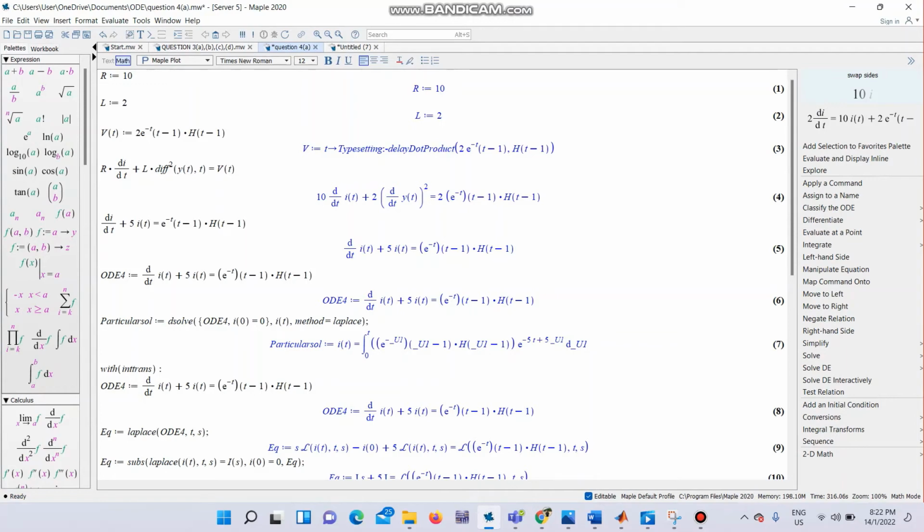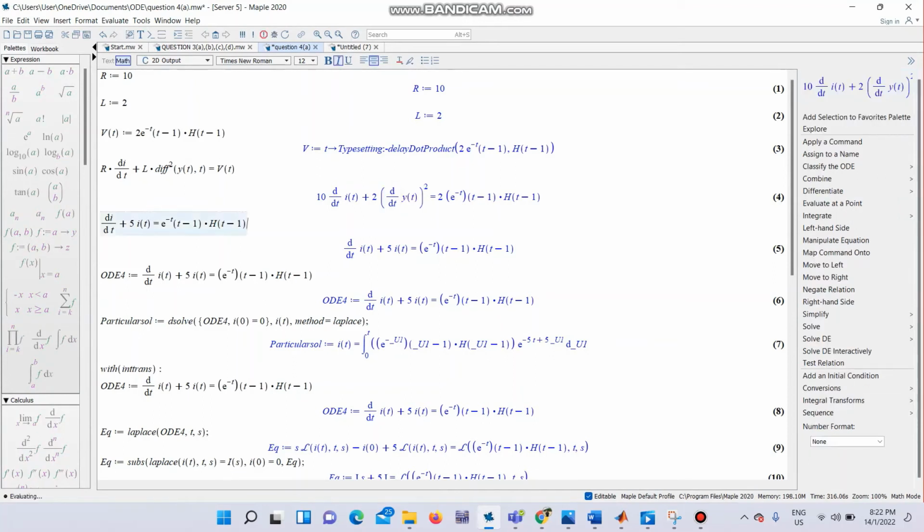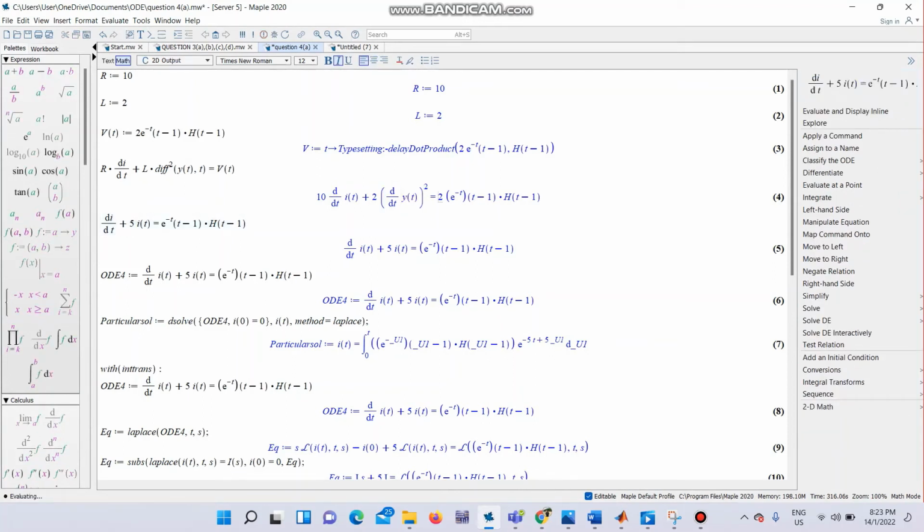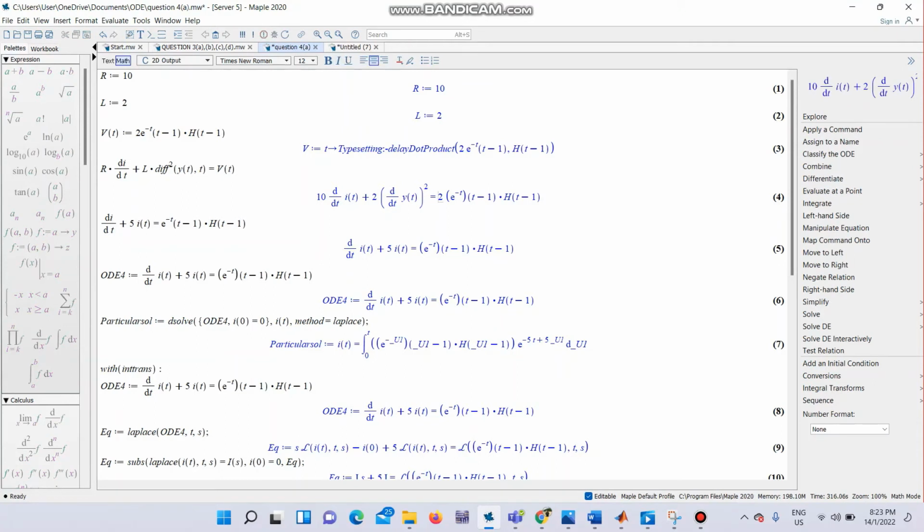So this is the output, which is 10 d over dt i(t) plus 2 d over dt y(t) squared equal to 2 e to the power of negative (t minus 1) multiplied by h(t minus 1).